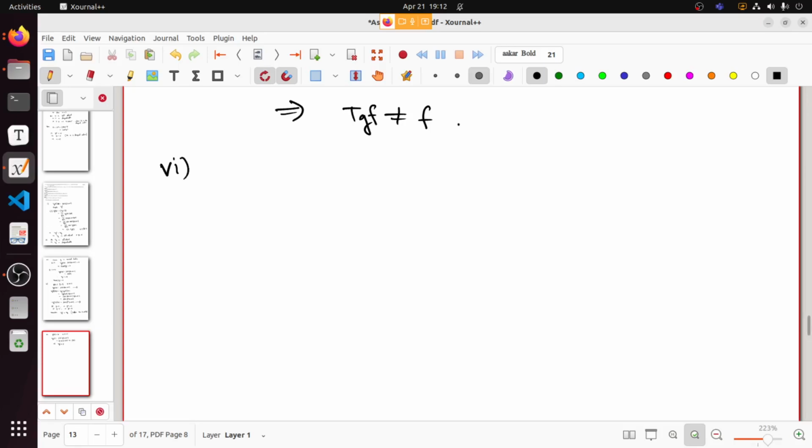So what is the vector space? B is the vector space. How is it defined? This is the set of all functions from S equals 1 to n to R, real valued functions, right?